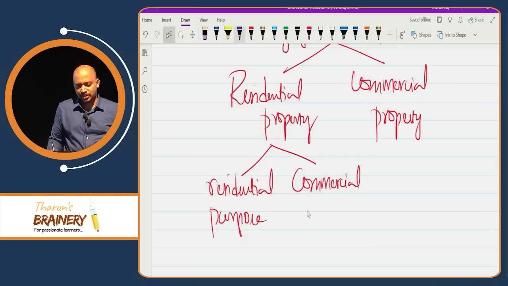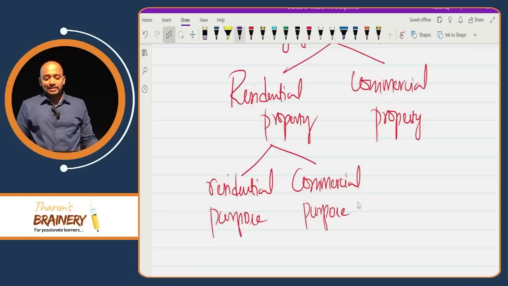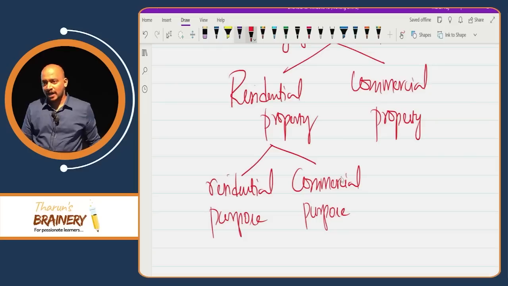What is an example of residential property for commercial purpose? A person taking a residential property on rent and using it as his office. Chartered accountants, advocates, doctors and others will take a house and convert it into their place of work, correct or not? So that is residential property used for commercial purpose.